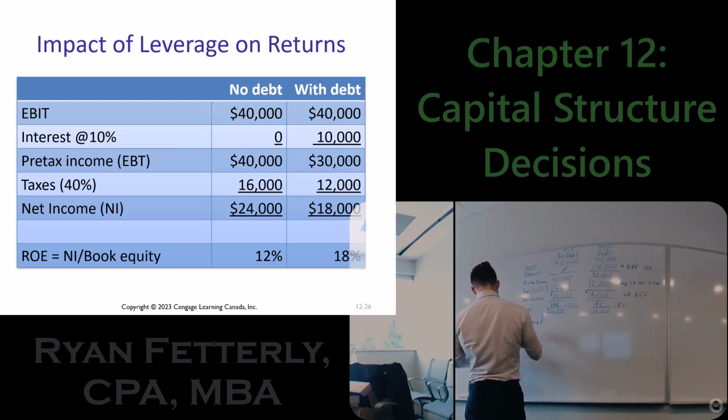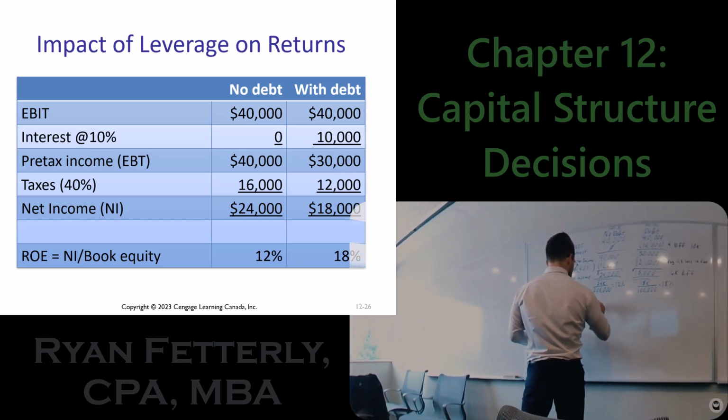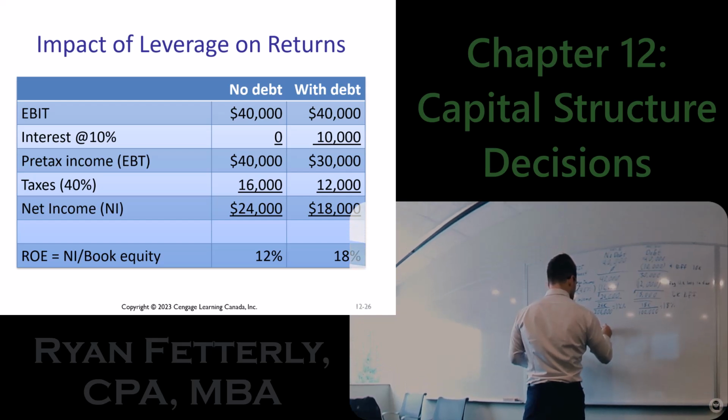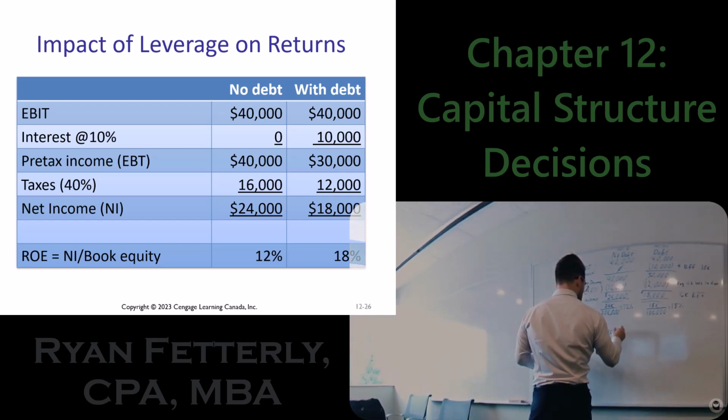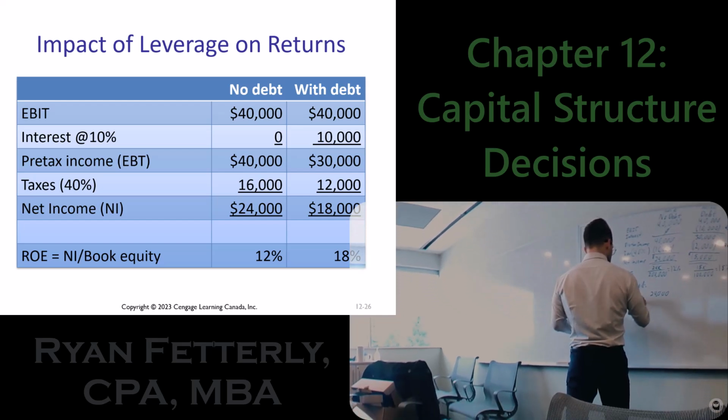right, in this case, we have net income, right, which is available to pay out to my shareholders, $24,000 worth of net income, right? But we also have to consider that there's interest, right? That is also paid out to investors.